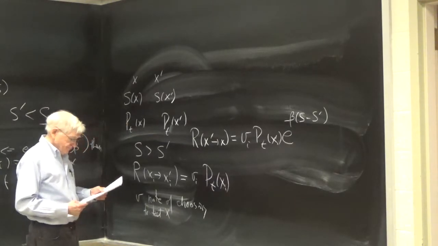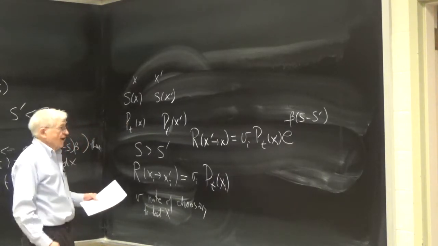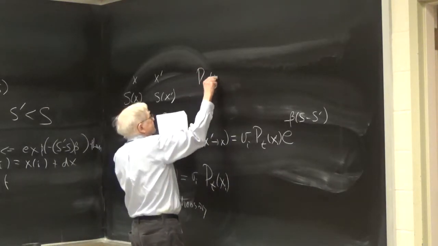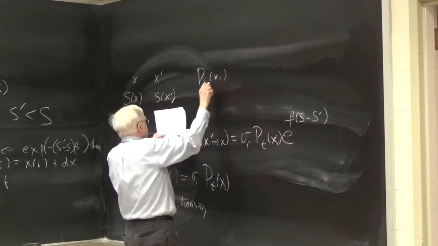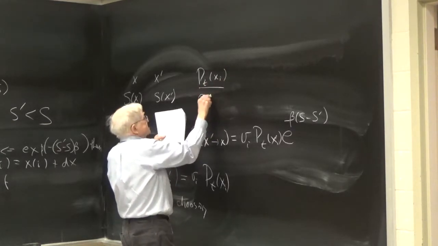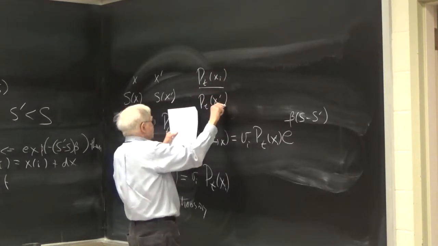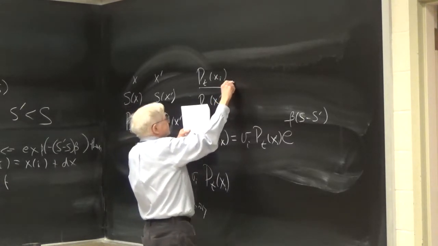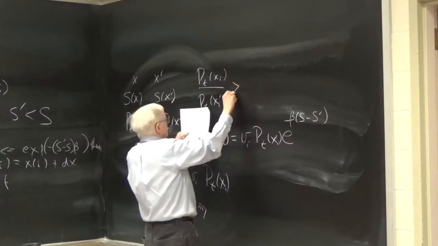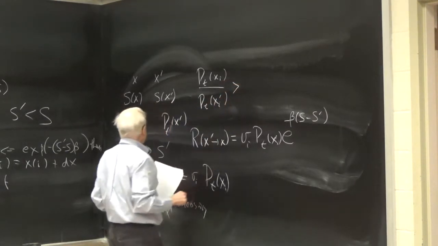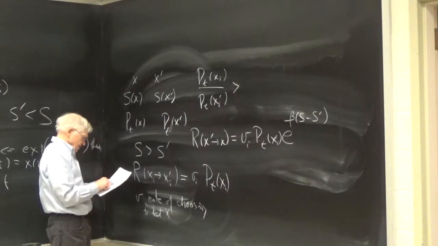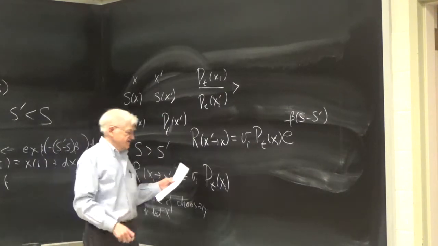And so what happens then is the probability p sub t of x over p sub t of x prime is positive if and only if, or the flow of probability from x, well, that's curious. All right, I've skipped the line here.